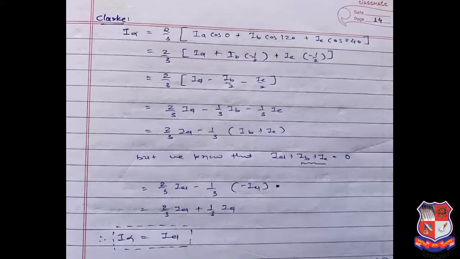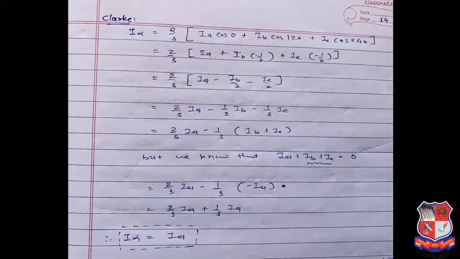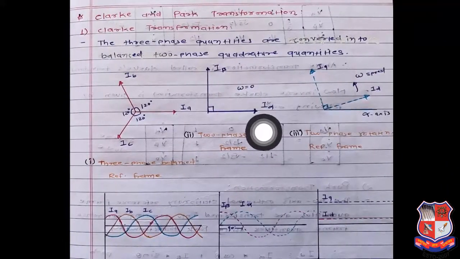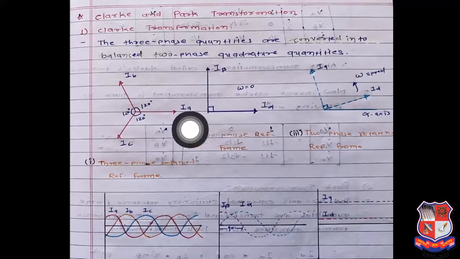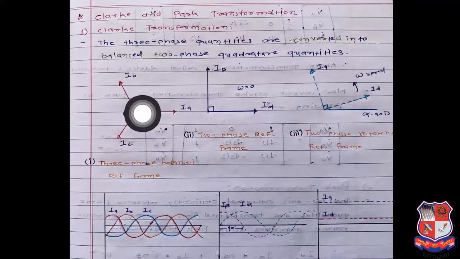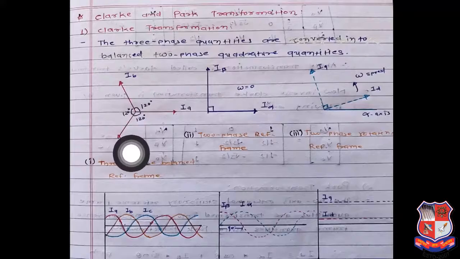So now the Clarke transformation is given by I alpha equals 2 by 3 multiplied by IA cos 0, IB cos 120 plus IC cos 240. We can see from the figure that I alpha is in phase with IA, that's why it is written like this: IA cos 0, then IB cos 120 plus IC cos 240.